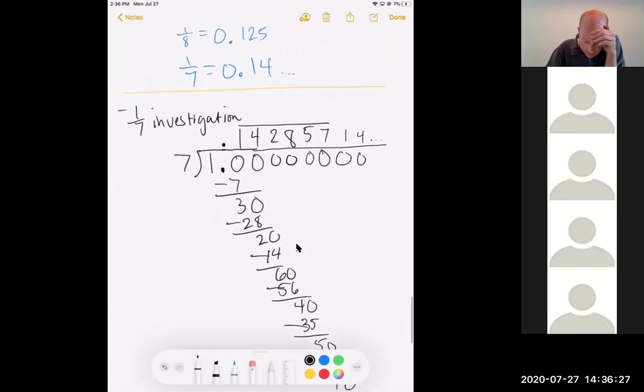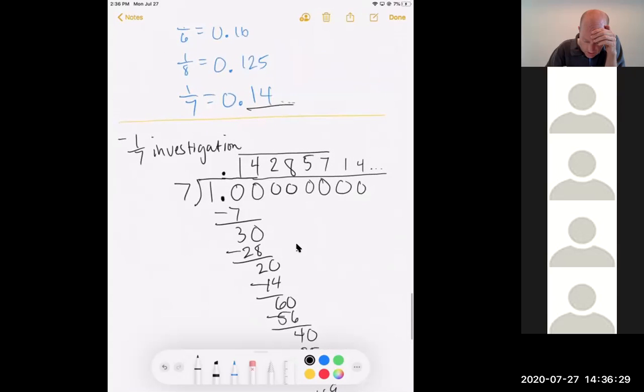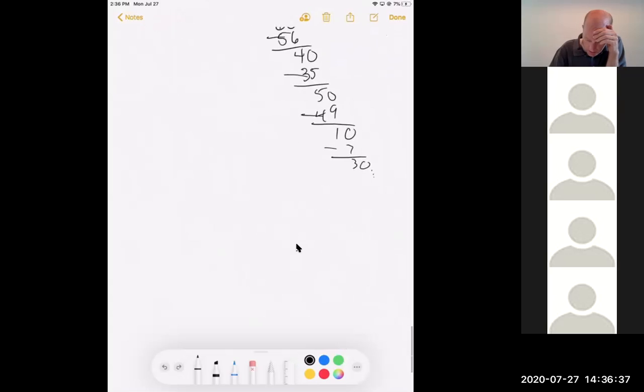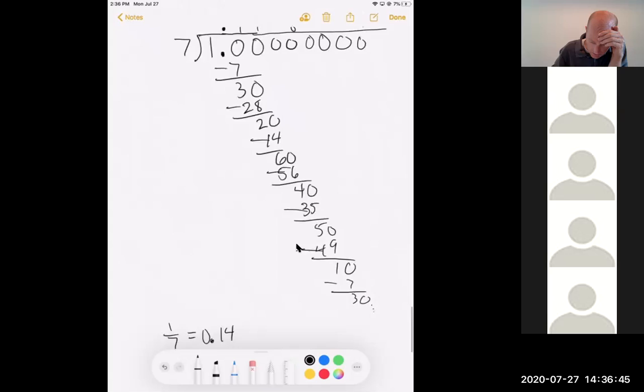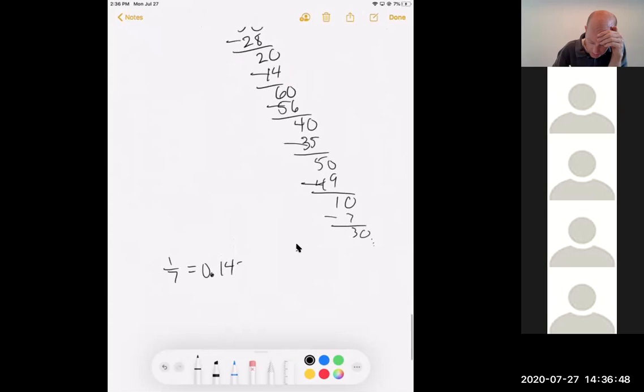So in summary, 1/7 is equal to 0.142857, and that repeats.